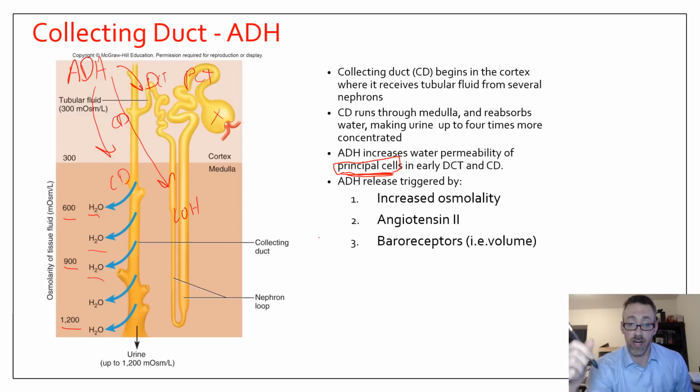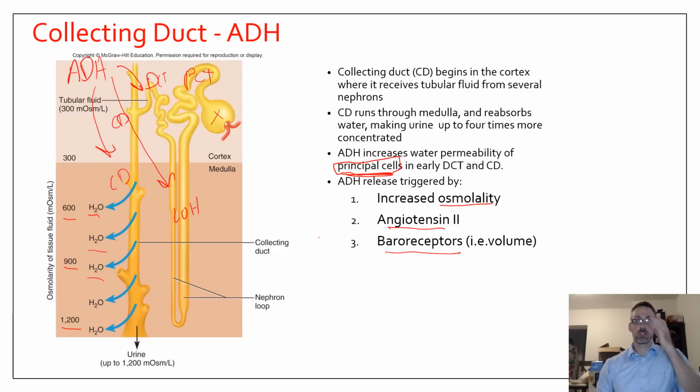Things that trigger ADH release: increased osmolality, we talked about, right? Part of our thirst mechanism in our hypothalamus, and then activating the pituitary. Angiotensin 2, we talked about, part of the renin-angiotensin-aldosterone system. Angiotensin 2 can stimulate its release, and it's a very powerful stimulator. And baroreceptors, which we've also talked about in terms of blood pressure regulation.